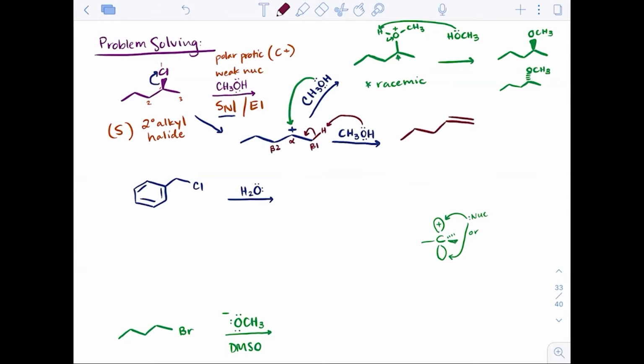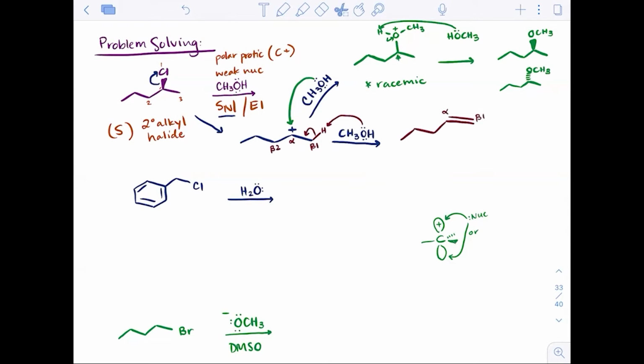Why? Because again, the nucleophile attacked from the top or the bottom for the SN1. The base can pick off the proton, whether it's anti-periplanar on the top or the bottom. There is no anti-periplanar anymore because the leaving group already left. So when we think about all of our options, there's beta 1, alpha to beta 1.